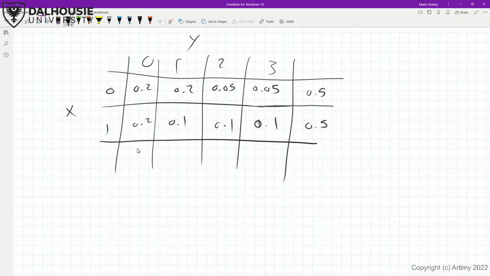Column-wise, 0.4, 0.3, 0.15, 0.15. If I add all of these, I should end up with 1, not 0.1, obviously.